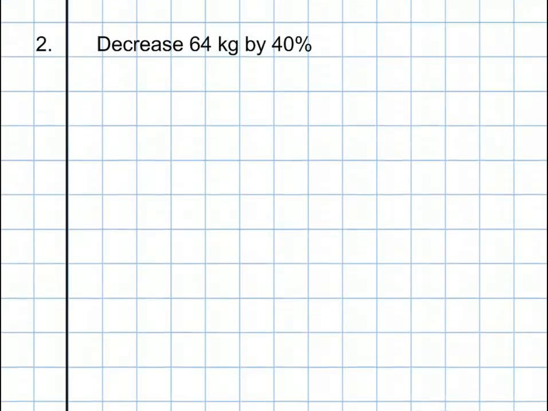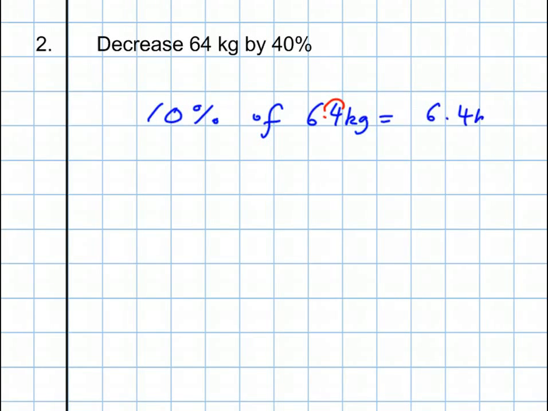Decrease 64 kilograms by 40%. So we start off as before, 10% of 64 kilograms. Now this hasn't got any zeros, so we've got to move the decimal point 1 place to the left. So it's 6.4 kilograms. So what's 40% of 64 kilograms?